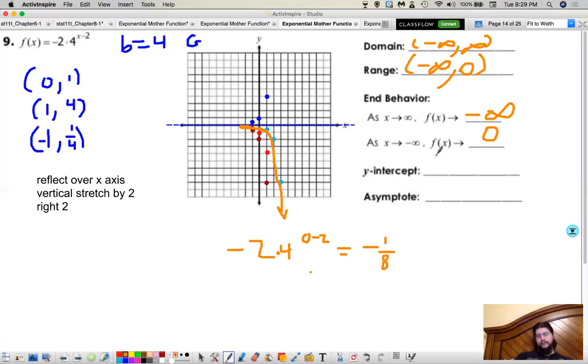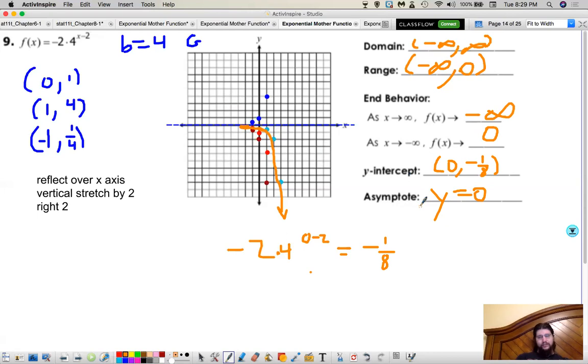Pretty freaking tiny. 0, -1/8. So this is way too tall. It should be practically touching already, but yeah, I can't draw that. Asymptote y equals 0, because we didn't have a vertical shift. We did not change where our asymptote was.